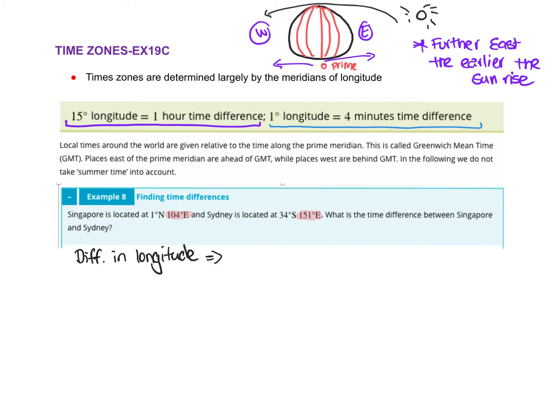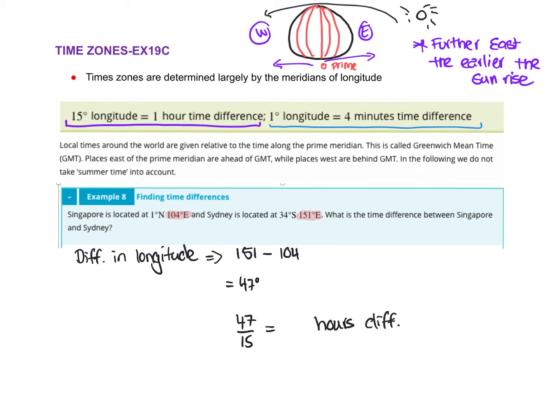So the difference in longitude first. If you look, Sydney has 151 and Singapore is 104. So you end up with a 47 degree difference there in longitude. Then what we do is we divide the 47 by 15, and that will tell us how many hours difference it is.